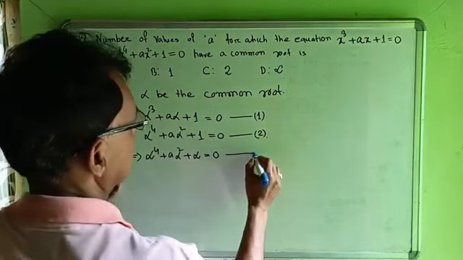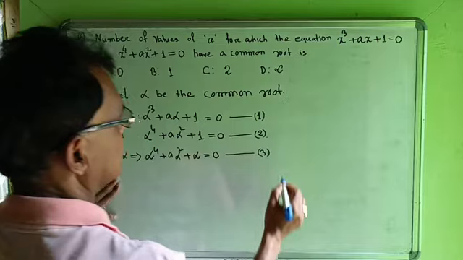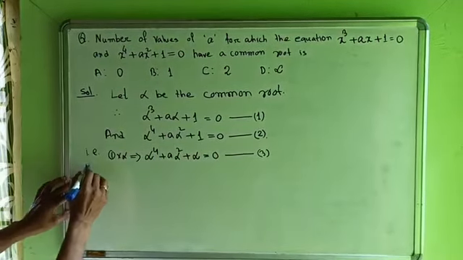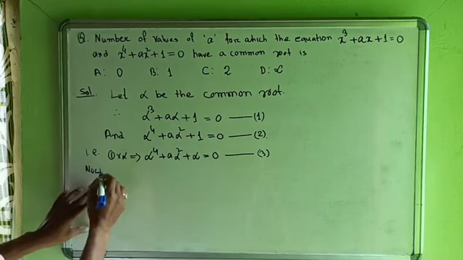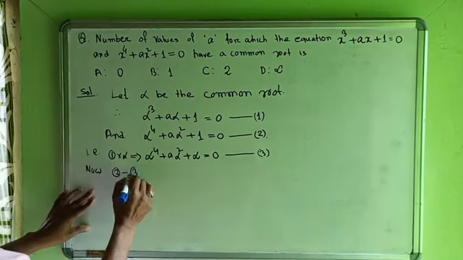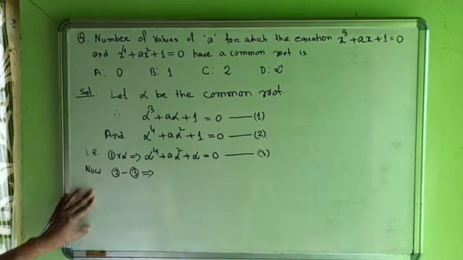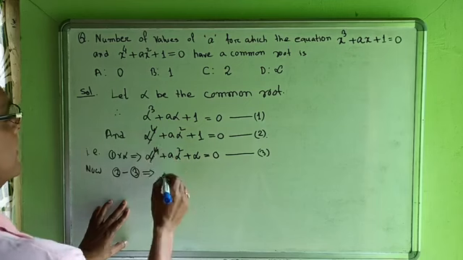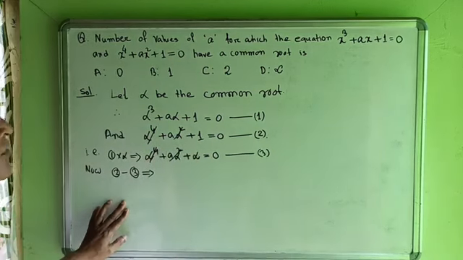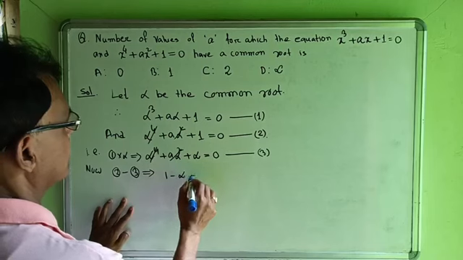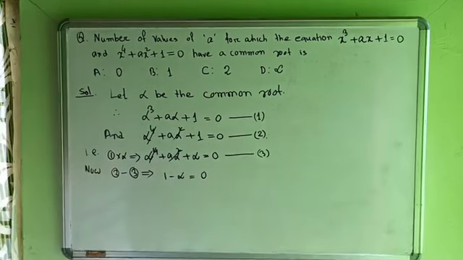Consider this as equation number 3. Now equation 2 minus equation 3: this and this cancel, then this and this also cancel, and we get 1 minus alpha is equal to 0.